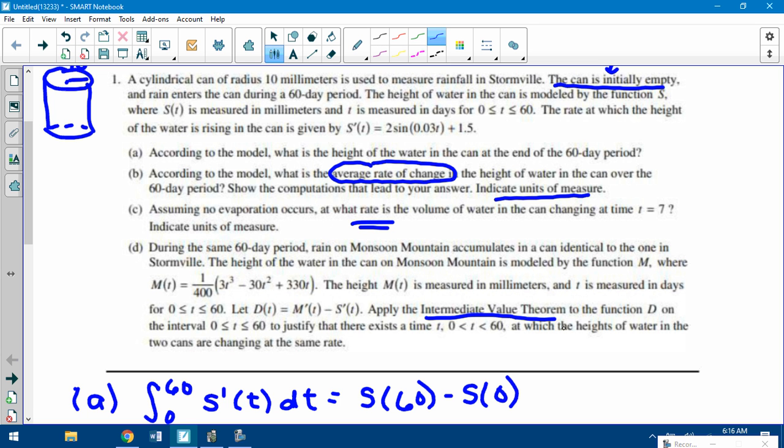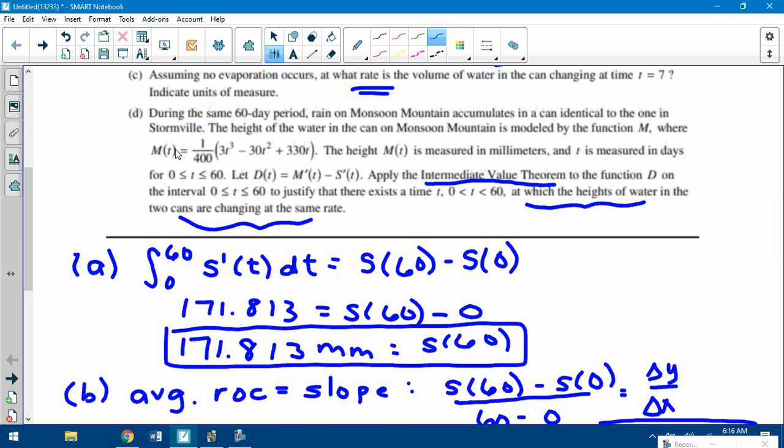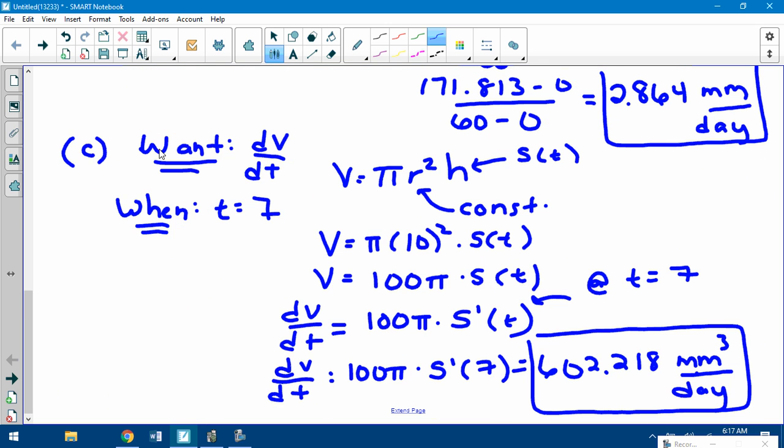Okay, let's break this down. The heights of the water in the cans are changing at the same rate. So the height of the water in the original can is S of t, and the height of the water in this new can at Monsoon Mountain is m of t. So if they're changing at the same rate, m prime is equal to s prime.